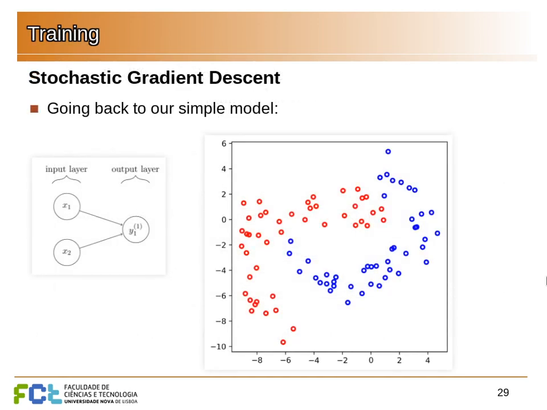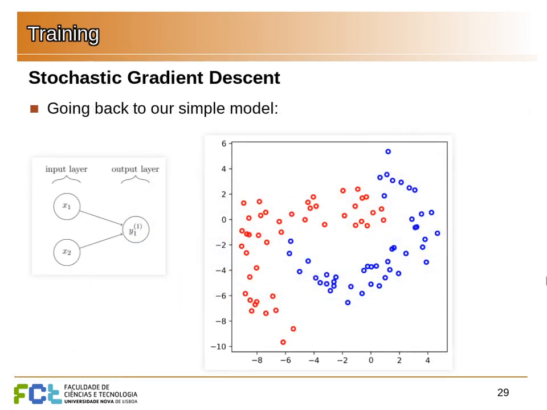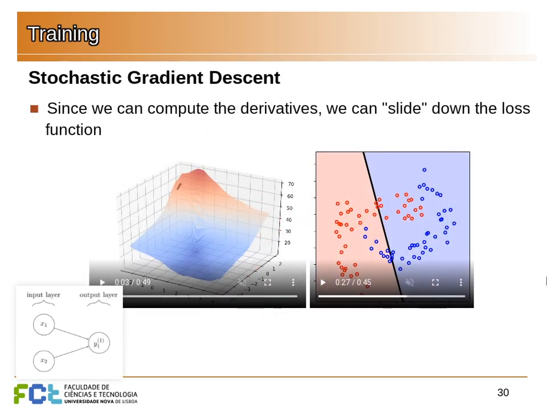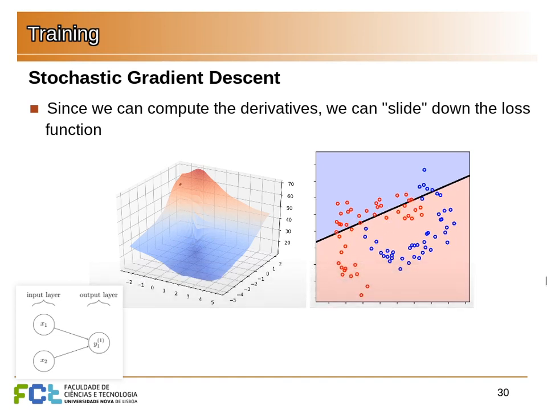So going back to our simple model, we can write this in TensorFlow to try to optimize the parameters there by backpropagation. Now what we wanted to do is to find the derivative of the error function. Here you can see the two parameters that we have.